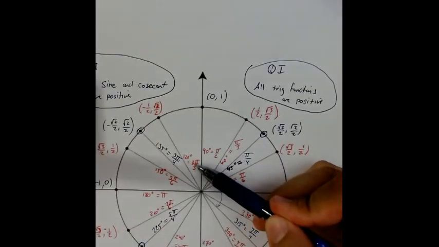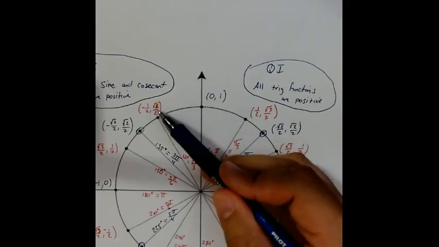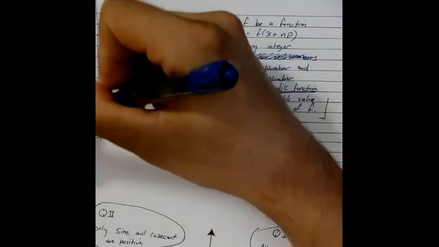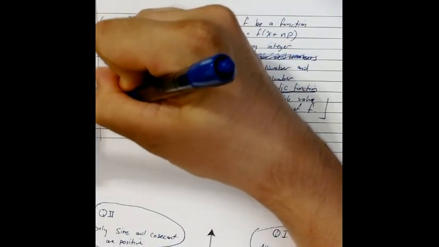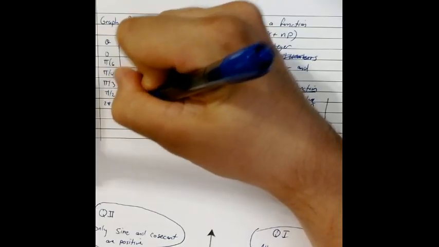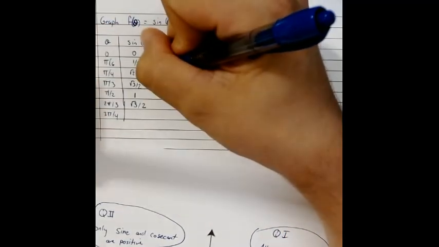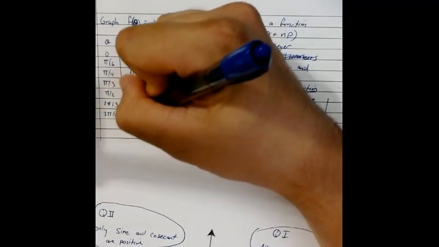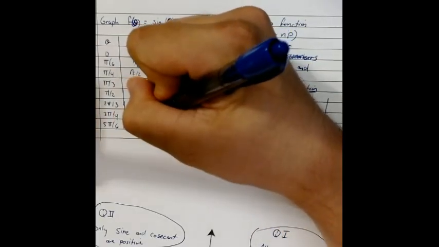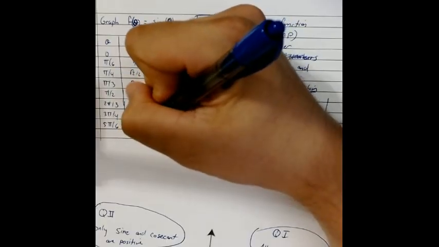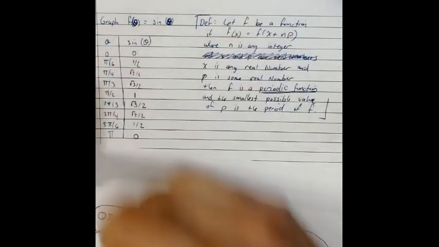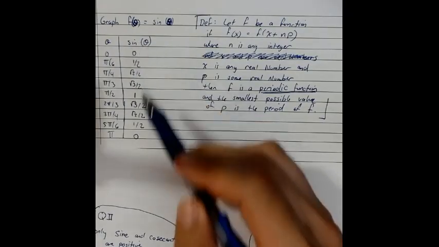If I keep going, my angle is 2 pi over 3. I'm going to get root 3 over 2 as my sine. If I have 3 pi over 4, the sine of that is root 2 over 2. If I have 5 pi over 6 radians as my angle, the sine of that is 1/2. And if I have the angle pi, I end up with 0 as the sine of that. The sine of pi is going to be 0.